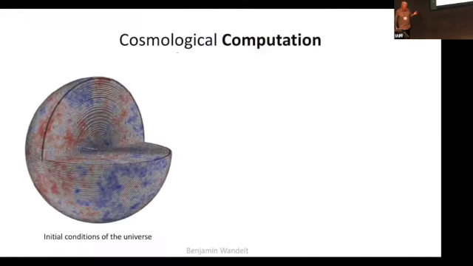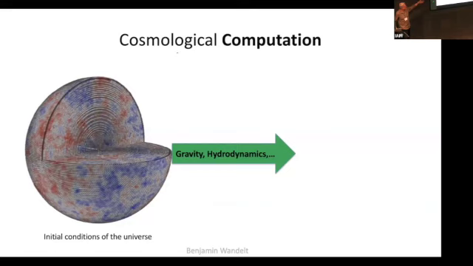Okay, so cosmology is all about taking those initial conditions. And by the way, this is a simulation that has the right statistical properties based on what we know from our observations of the cosmic microwave background, galaxy distribution on the sky, etc. All of these observables that I had on the first slide.